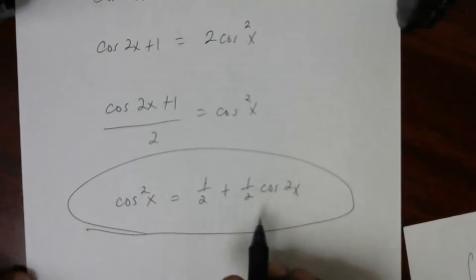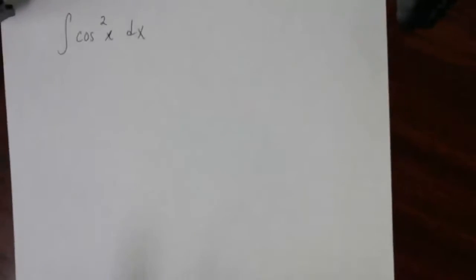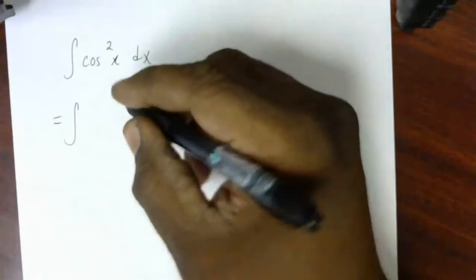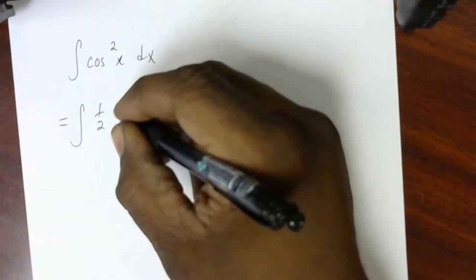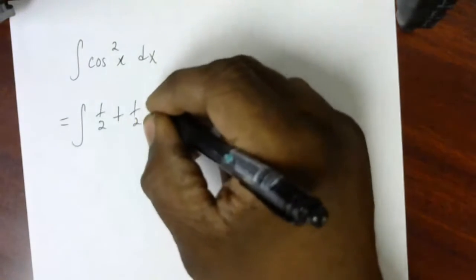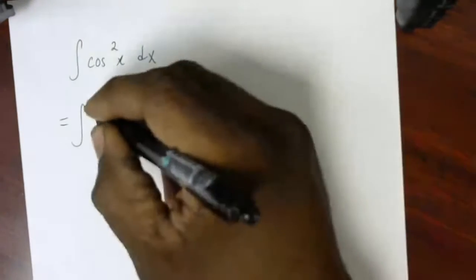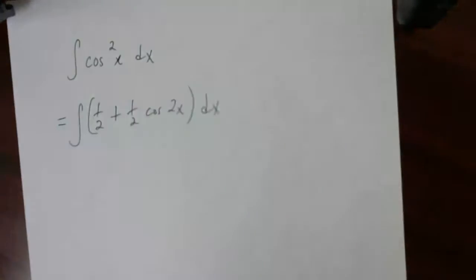So we'll make this substitution in our integral. I'm going to rewrite the cosine square x as 1/2 plus 1/2 cosine 2x dx.